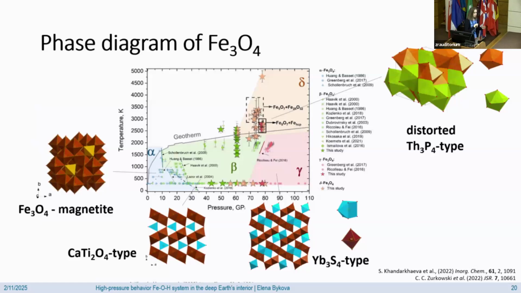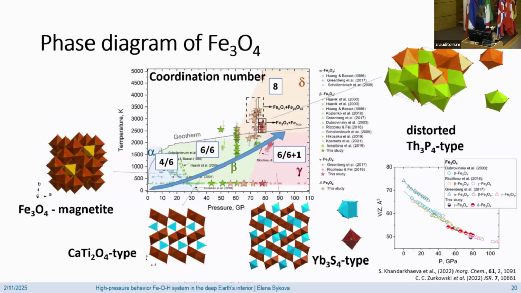What also happens if you look at the behavior of individual compounds with pressure, typically what happens is an increase of the coordination number. So if you look here, that's the behavior of magnetite, Fe3O4, with pressure. You start typically with coordination numbers 4 and 6. And with higher pressures, you go first to 6 coordination, then 6 and additional coordination, like 7 here.